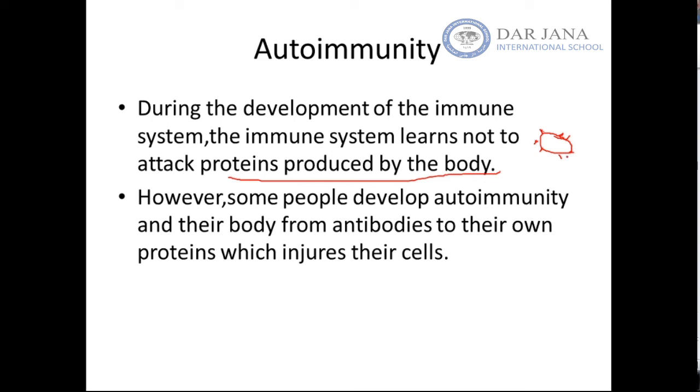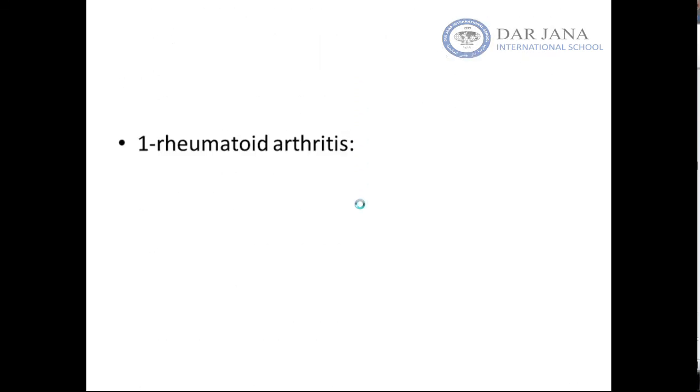However, some people develop autoimmunity, and as the word implies, their own immune system fights their own body, so that their body forms antibodies to their own proteins which injures their cells.